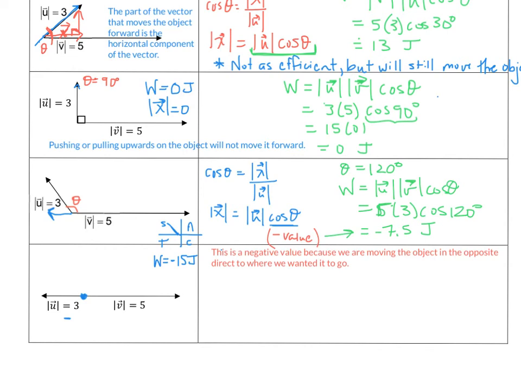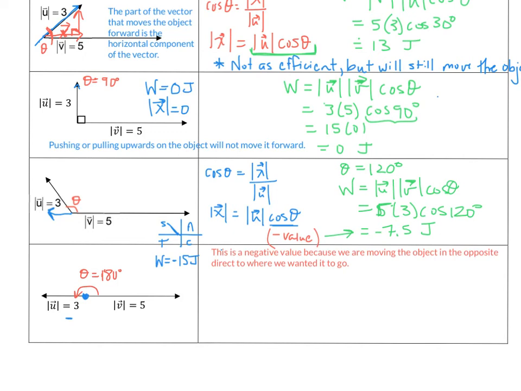So this time, if I look at my theta, my angle here, is 180 degrees. So the cosine of 180 degrees, if you remember the cosine curve, is actually going to equal -1.